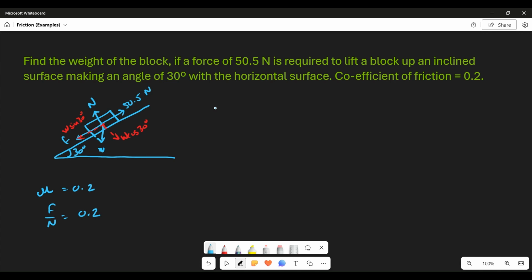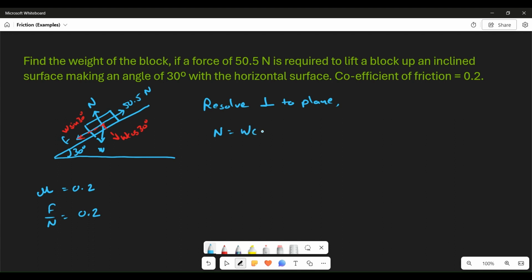Now resolve perpendicular to the plane. In the perpendicular direction, I'm getting two forces, N and W cos 30 degrees. So these two will be equal by the condition of equilibrium.